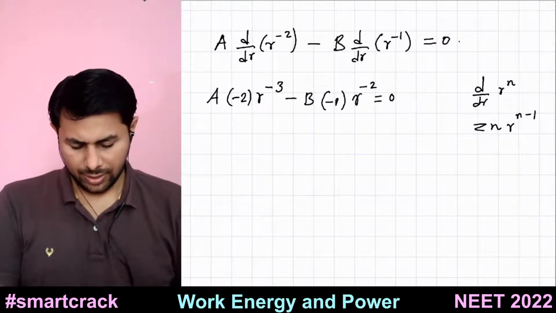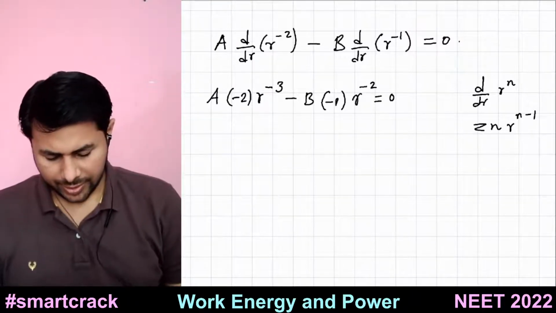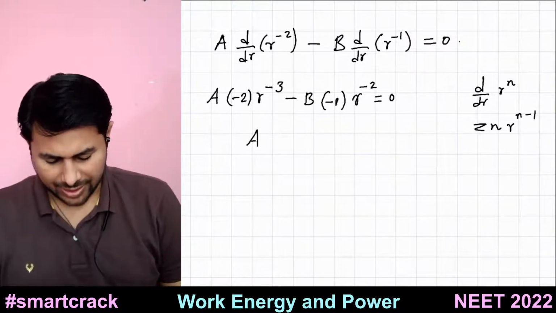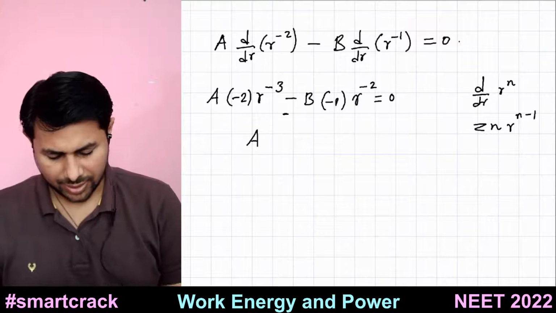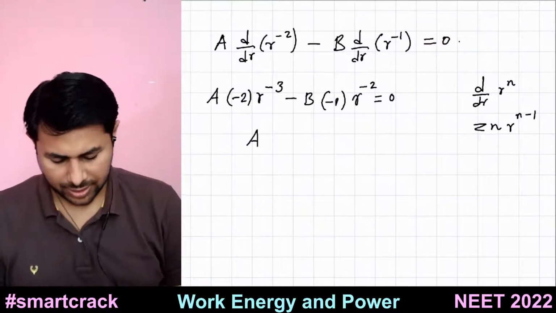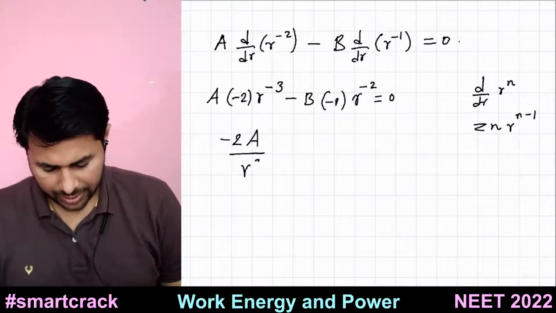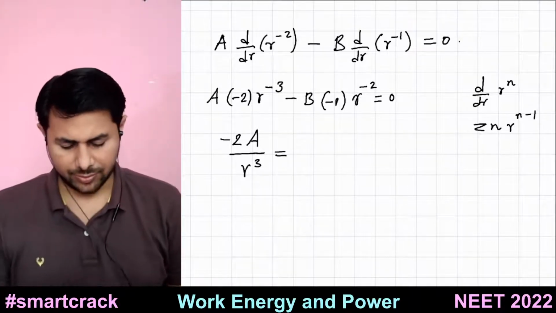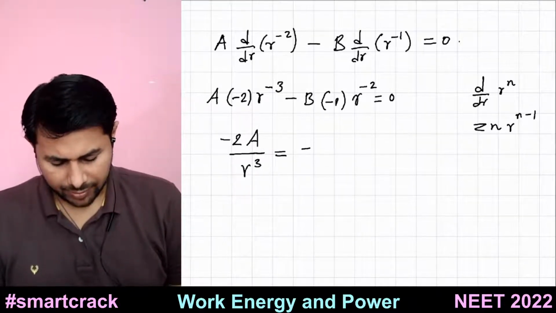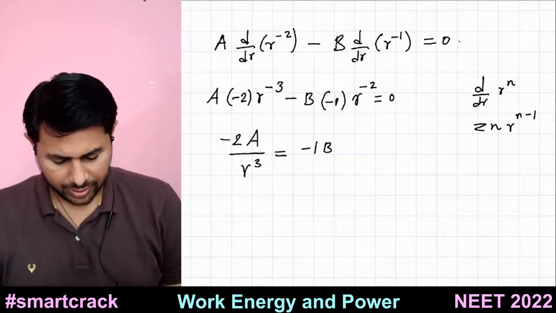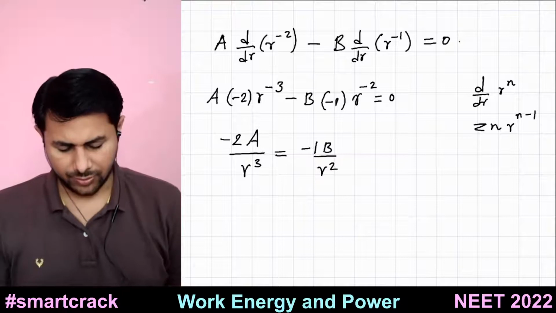So what do we get? This r raised to minus 3, I will write it as, I will take the second term on the other side. So it is minus 2a upon r raised to 3 equals minus 1b upon r raised to 2.